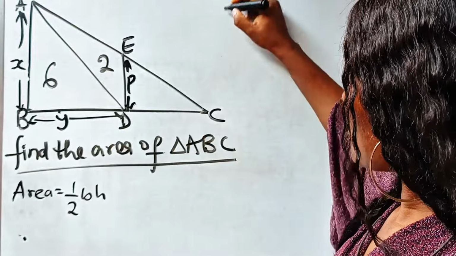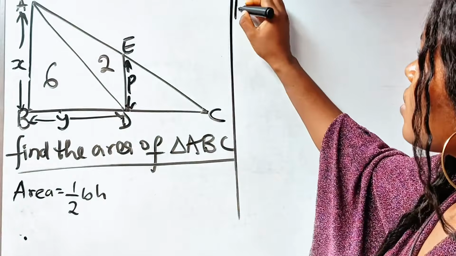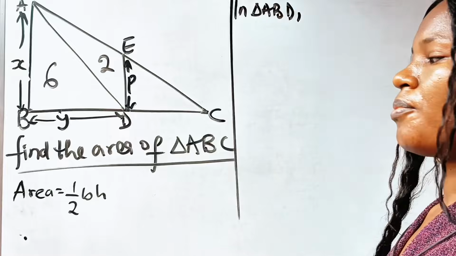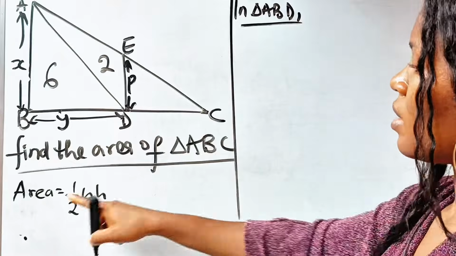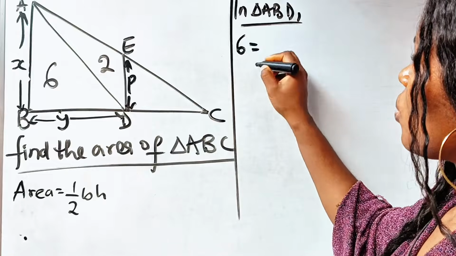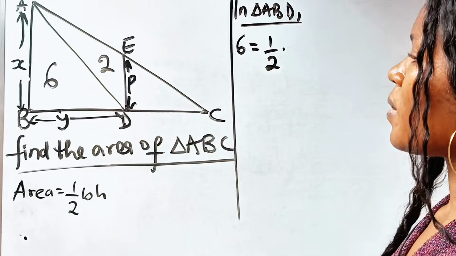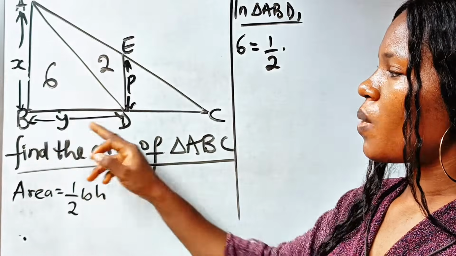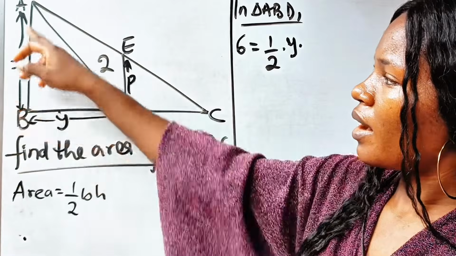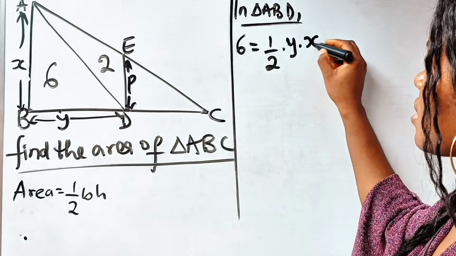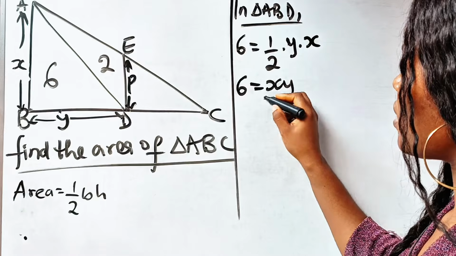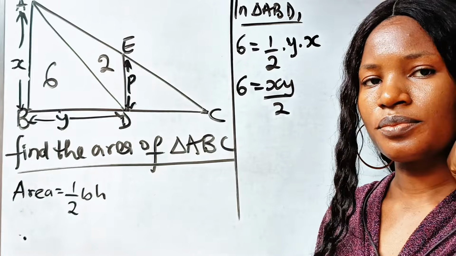So in triangle ABD, the area, which is 6, should be equal to half multiplied by the base, which is Y, multiplied by the height, which is X. So 6 is equal to xy divided by 2.